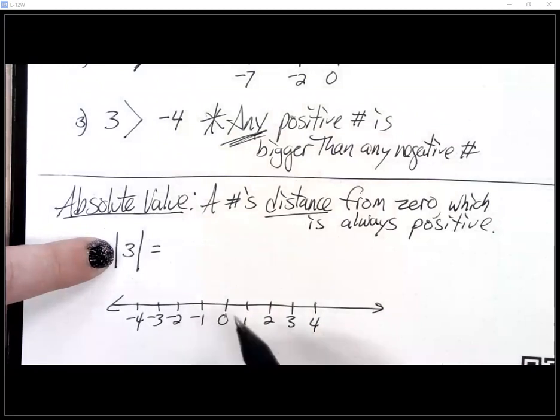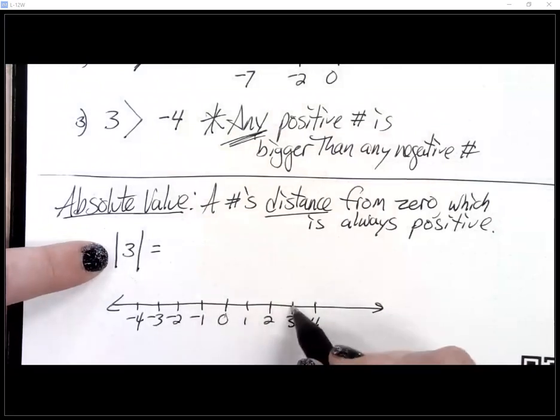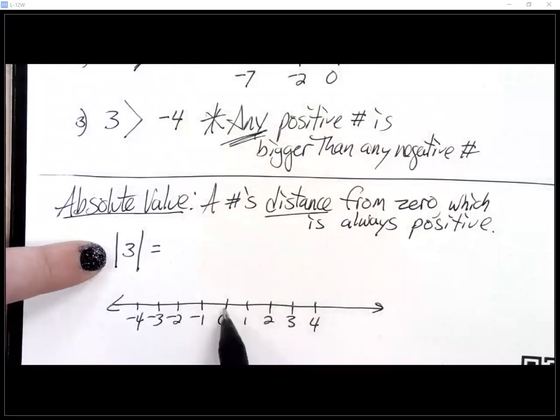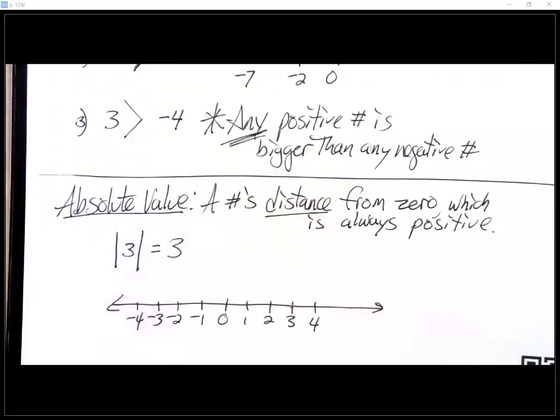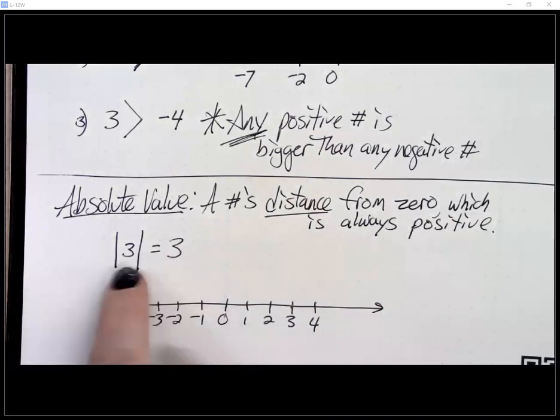If I'm looking at the number 3 on a number line, how far away is it from 0? 1, 2, 3 units. So my answer would just be 3. Notice this is a common mistake. Sometimes kids will automatically just change the sign. They'll say that the absolute value of +3 is -3. No, it doesn't work like that. The answer is always positive, whether that's a positive number or a negative.